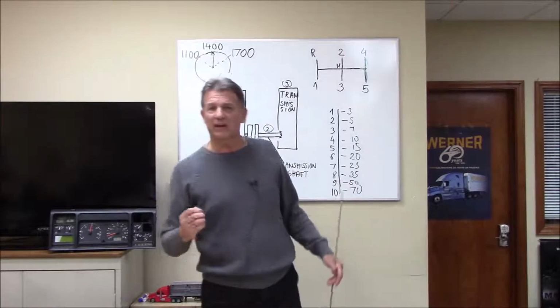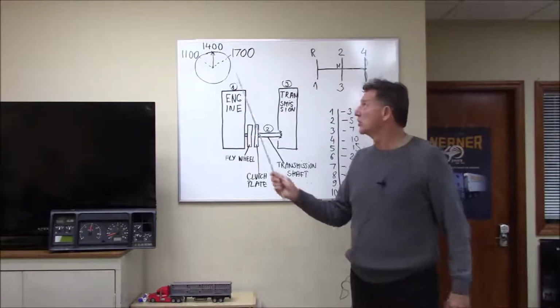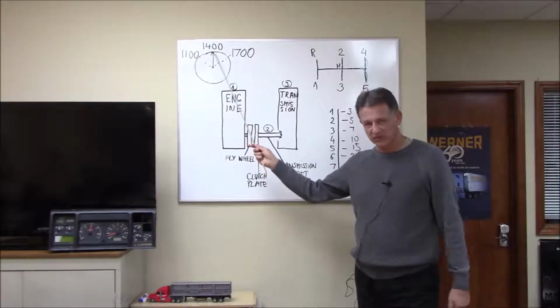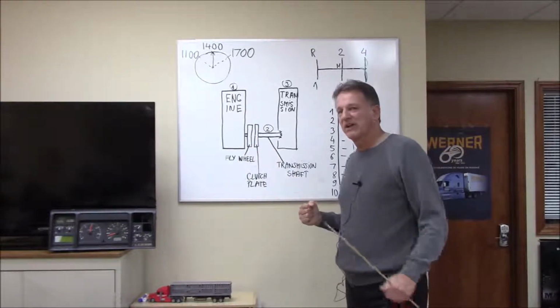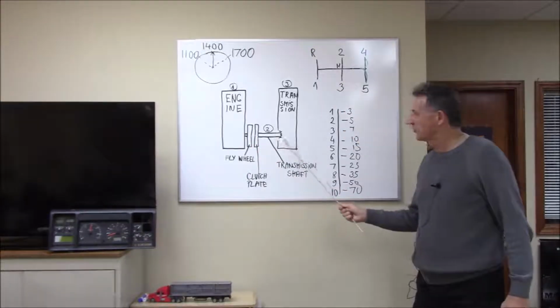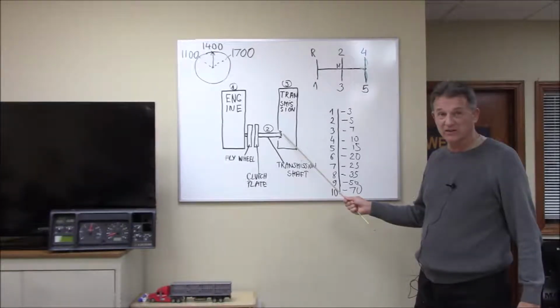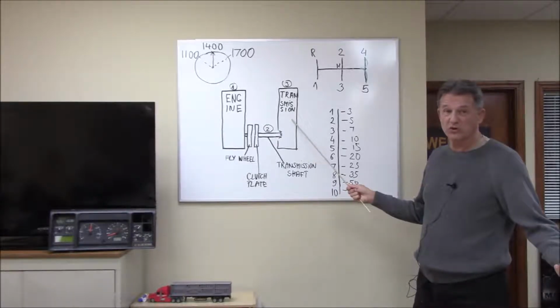So if they get out of neutral and try to put the gear in at, instead of 14 for the next one, let's say 15, even 17, what's going to happen? The difference between spinning. The engine is spinning too fast, and there's this shaft, and the transmission is too slow.